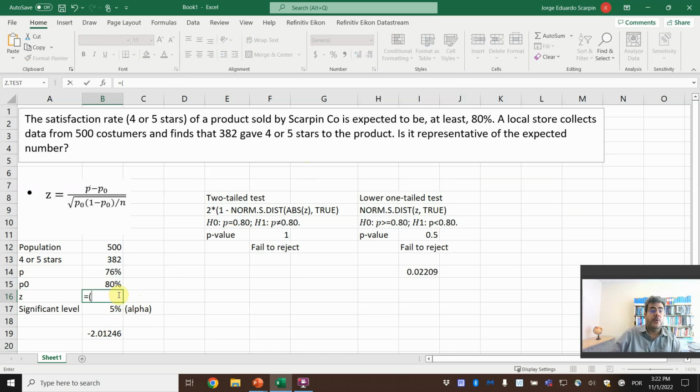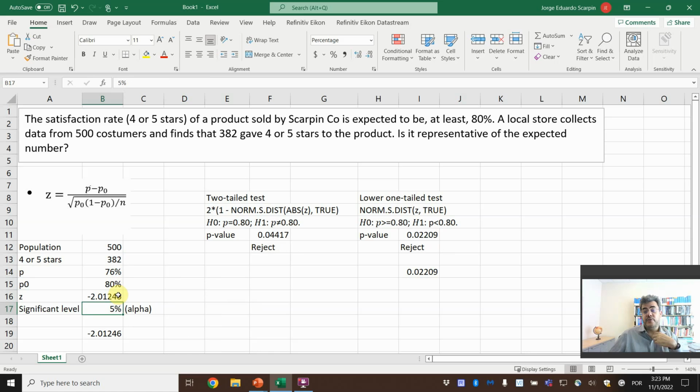So equal P minus P0 divided by the square root of P0 times 1 minus P0 divided by N, which gives minus 2.